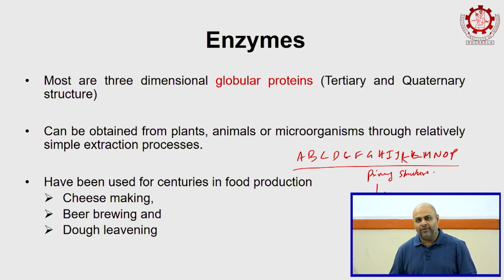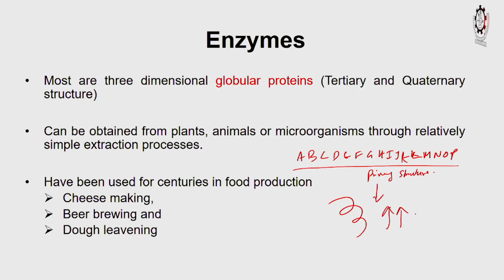Once they start folding, they will give you the secondary structures. What are the different secondary structures that you will have? Alpha helices, beta sheets, parallel and anti-parallel. You will also have coils, turns.